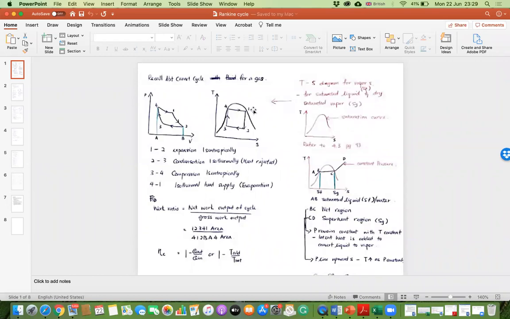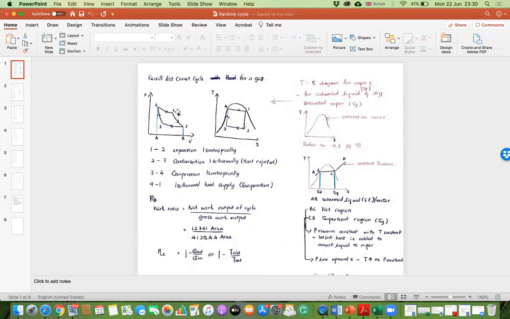Before we go into the Rankine cycle or vapor power cycles, let's recall the Carnot cycle. Bear in mind that this is for gas.